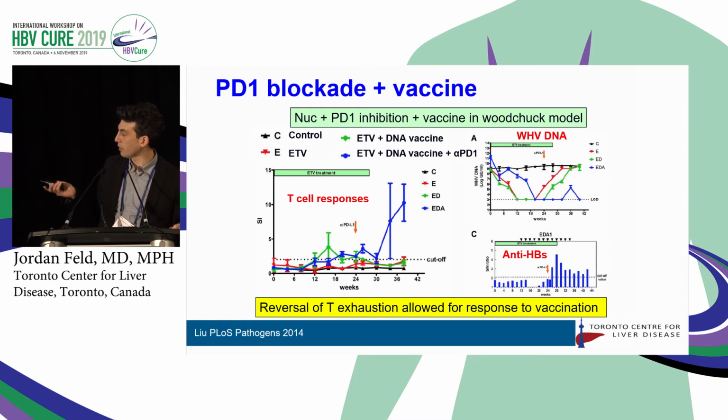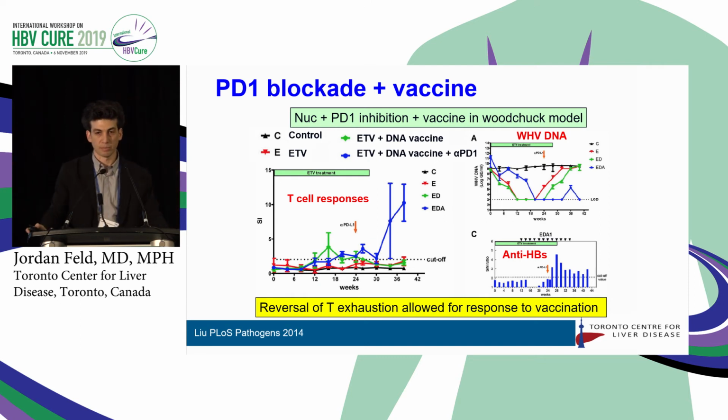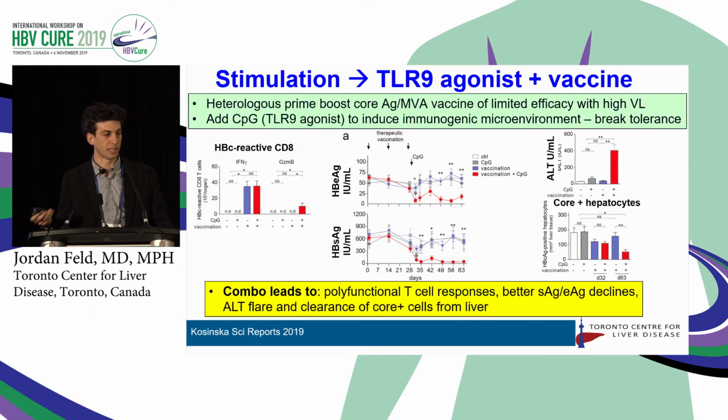This is all in the background of a nuke, but when you give the vaccine after an anti-PD-1, you can see more durable T cell responses, and more importantly, that's the only group that led to clearance, again in this woodchuck model, which is necessary here because you need a competent immune system. But it really highlights the fact that taking away this inhibition can enhance the function of a second agent.